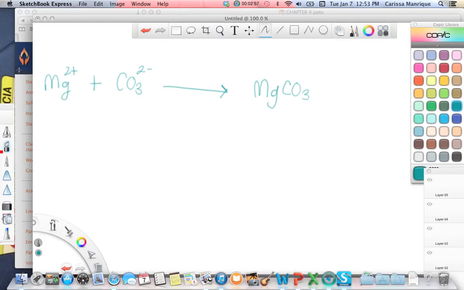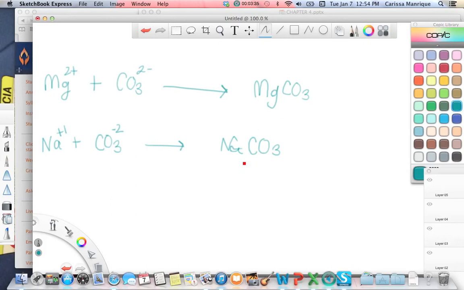Let me do a hypothetical. Let's say I have sodium carbonate. So that would be a +1 and a -2. Okay. Now I have NaCO3. Okay. But are these balanced? No, I need 2 of these to neutralize that charge.